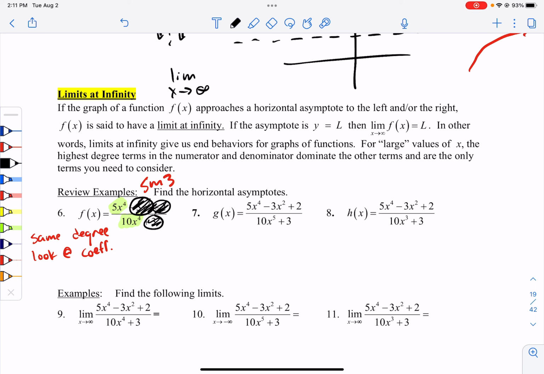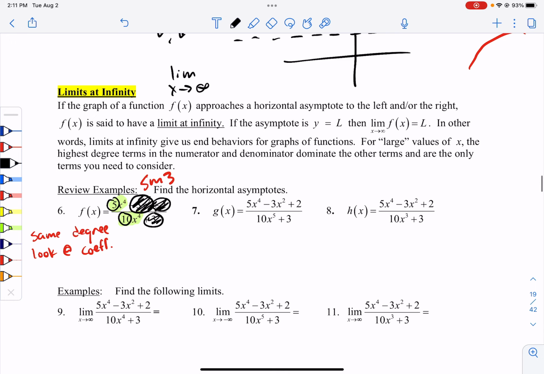If I'm going to infinity, if I'm making x ridiculously huge, all those other numbers mean absolutely nothing. All that I'm interested in is whatever's in front of the x to the fourth, and that's a 5 on top and a 10 on the bottom, and if I simplify that, I get 1/2. So in math 3, you would have said, oh, there's a horizontal asymptote, and it's y equals 1/2.